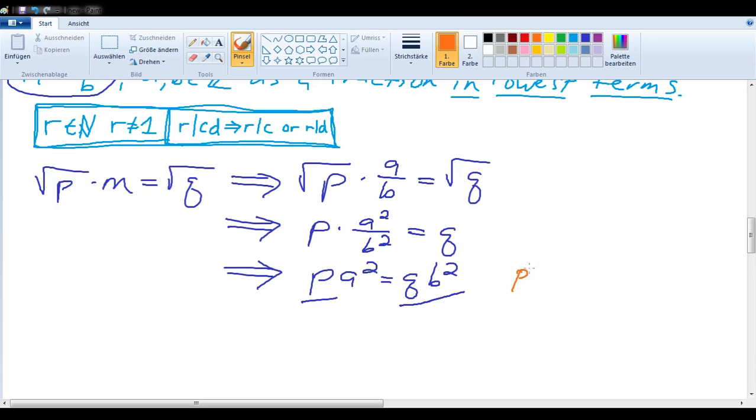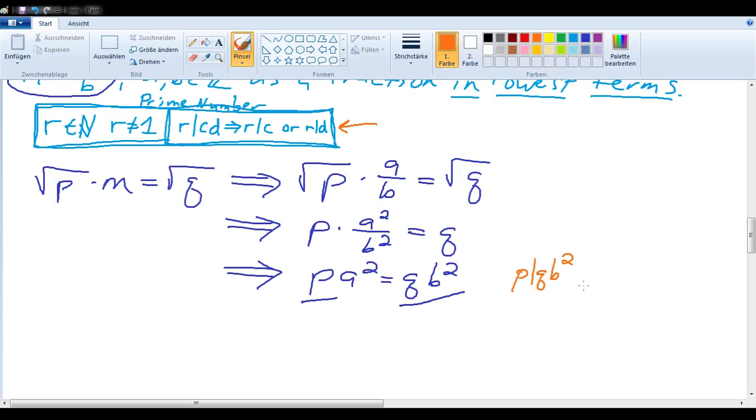So if p divides q b squared, then according to our definition here of a prime number, in fact, let's write that out over here. Prime number, that's just our definition here.